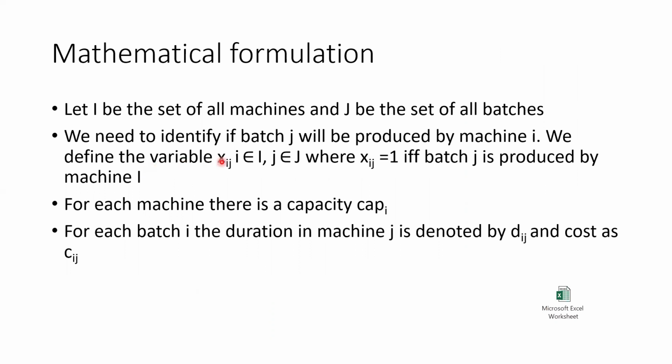We are identifying a variable x which denotes if a batch j is produced in machine I. So xij will be equal to 1 if and only if the batch j is produced by machine I. Also, there is a capacity variable cap for the capacity of each machine, and the duration of the batch j running in machine I is defined by the variable d and the cost of production by variable c.